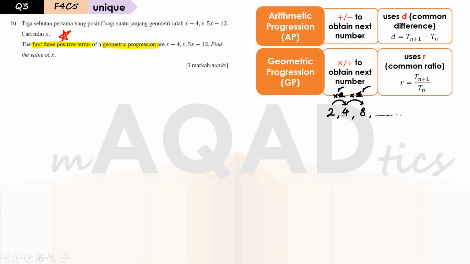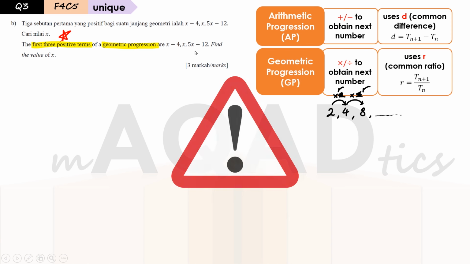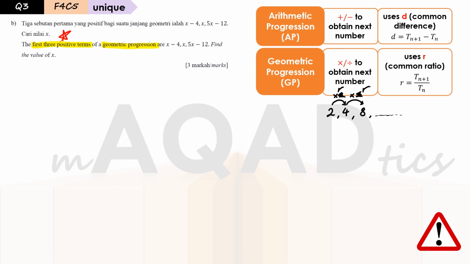Coming back here, how do we find the value of x based on these values? Actually, we can use the same technique as in part A just now. Let us draw a similar diagram using these three values: x minus 4, x, and 5x minus 12.